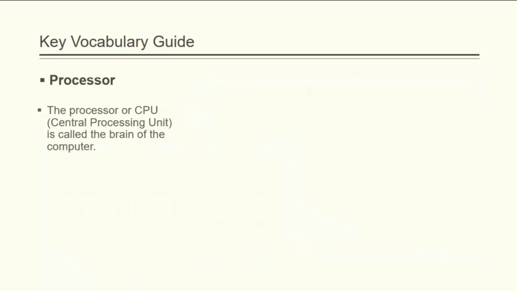Processor. What is a processor? The processor, also known as the central processing unit, is the brain of the computer. What does it do?